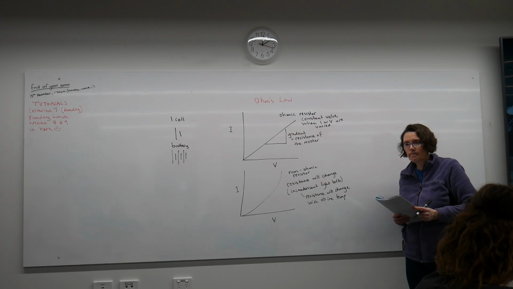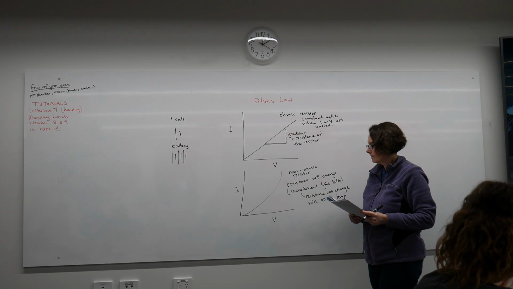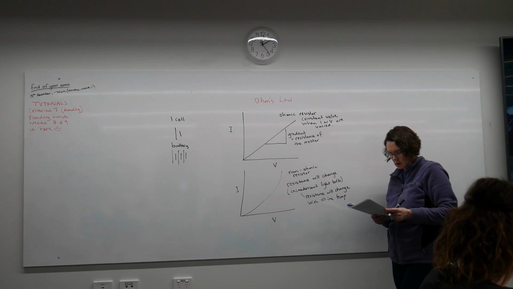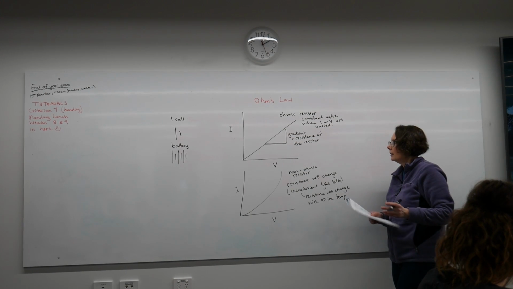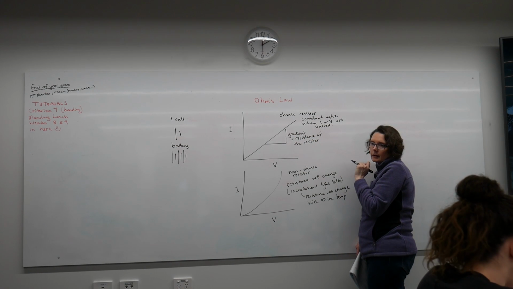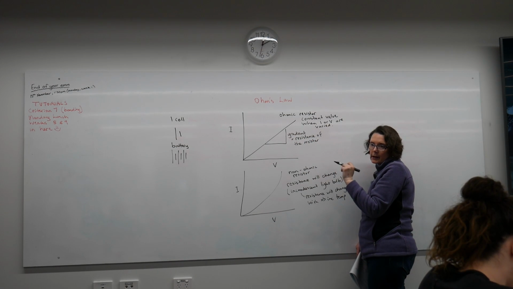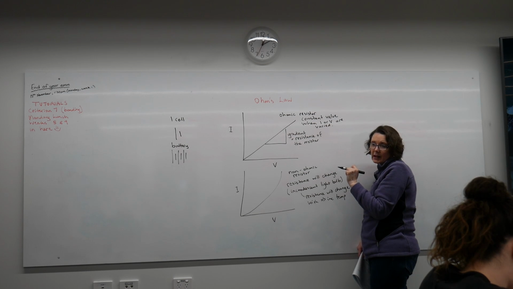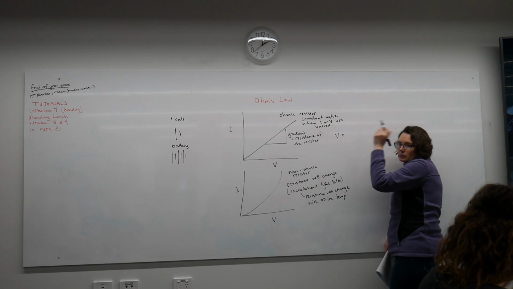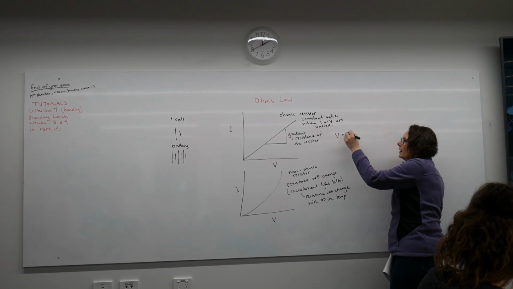Questions. Is it I over V or V over I for the graph? Well, if we're thinking, what would it look like here if I changed them around? It's going to be the same, isn't it? But V equals what? IR.